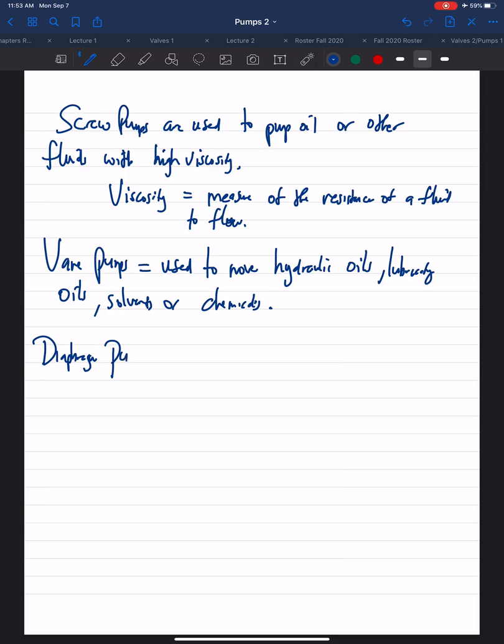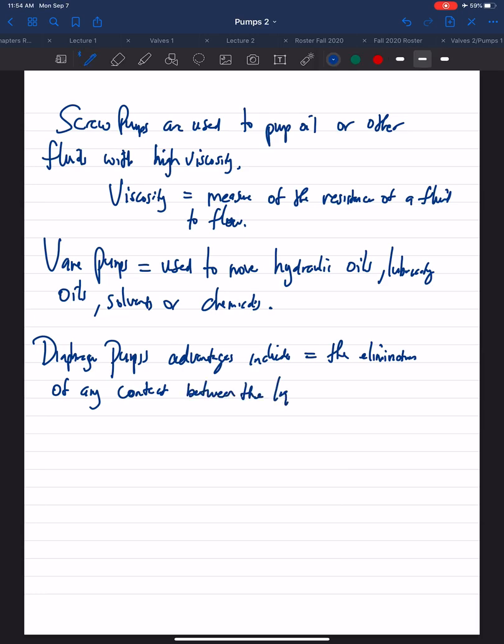Diaphragm pumps are a little different. The diaphragm pump advantages include the elimination of any contact between the liquid being pumped and the source of energy.